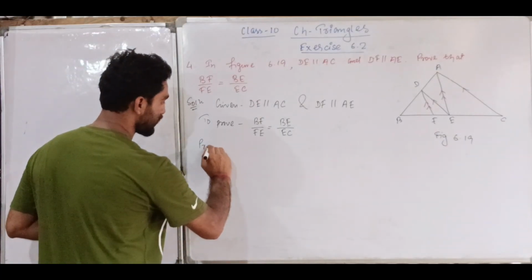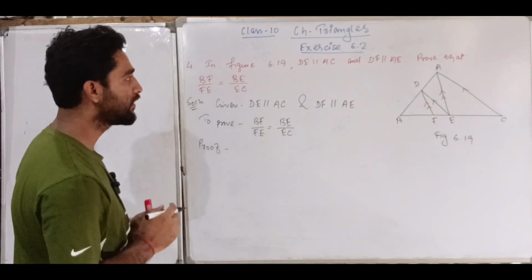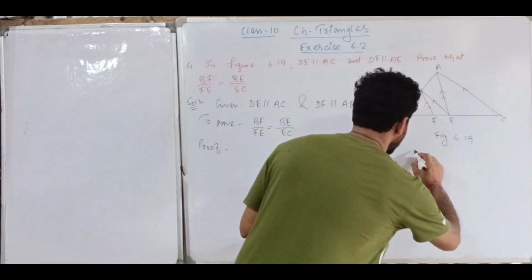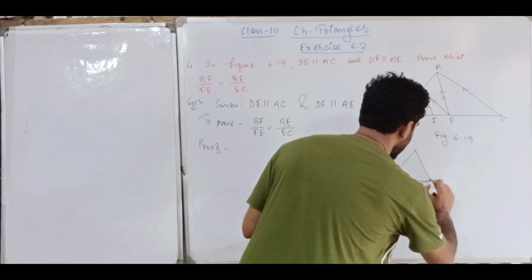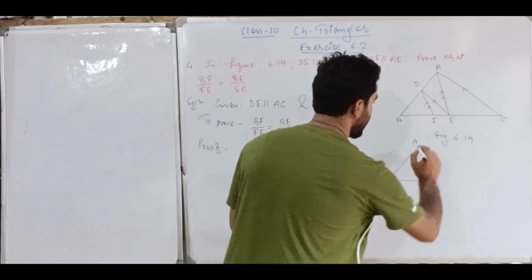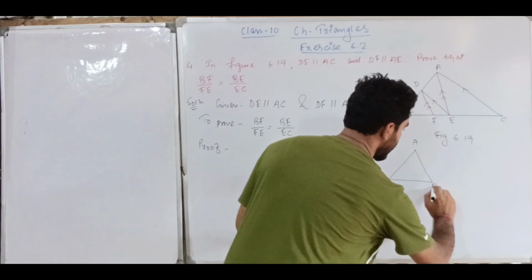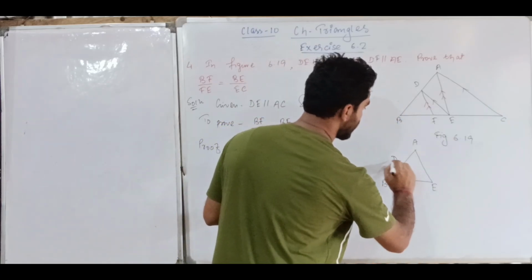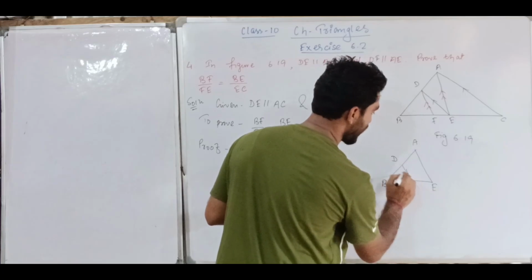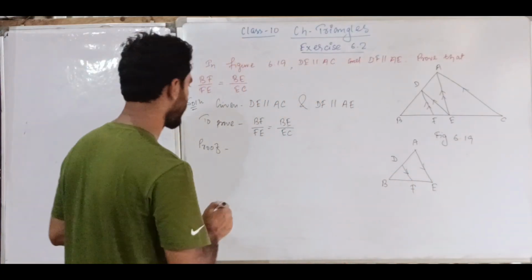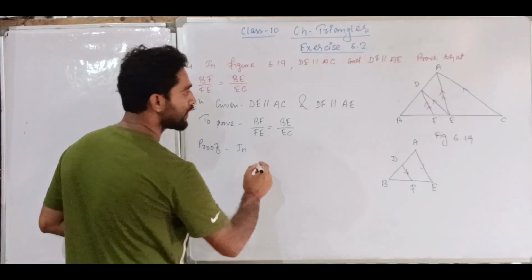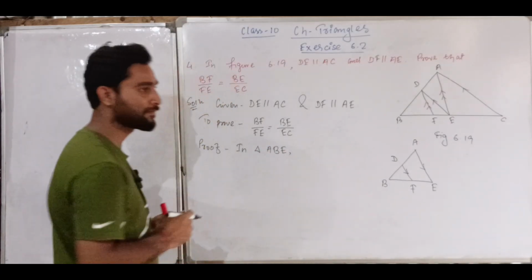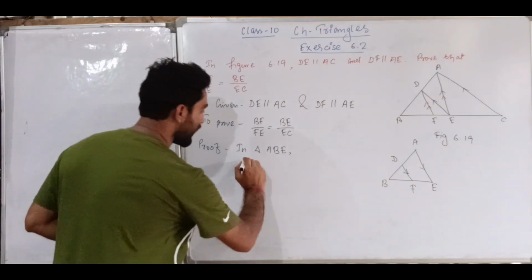Next is the proof. Here we will consider some triangles. First, this triangle, whose name is ABE. In triangle ABE, what is given?